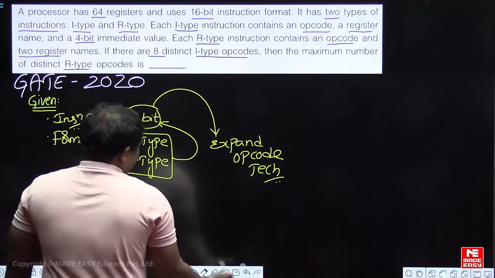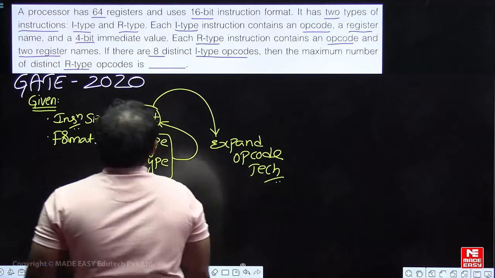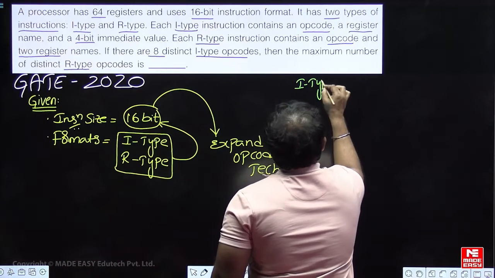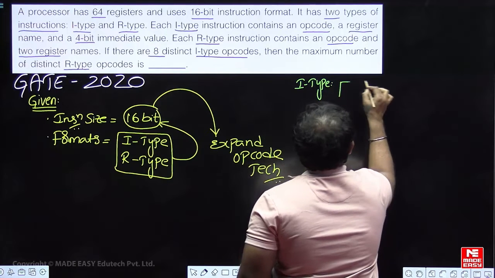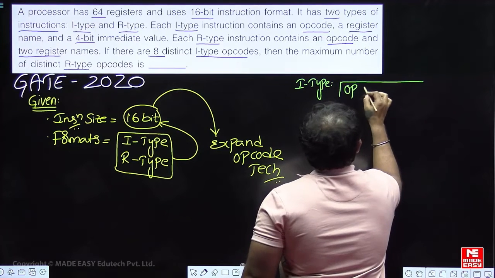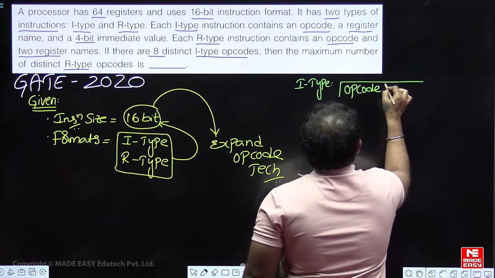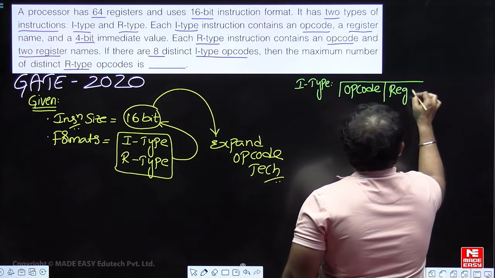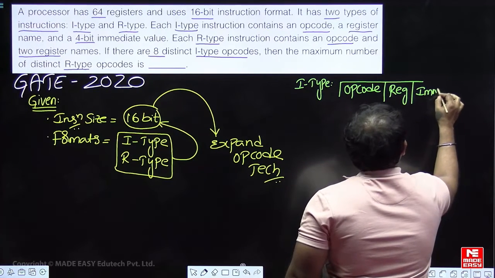Alright. What is the I-type instruction format? The I-type instruction format is opcode, register address and immediate constant.